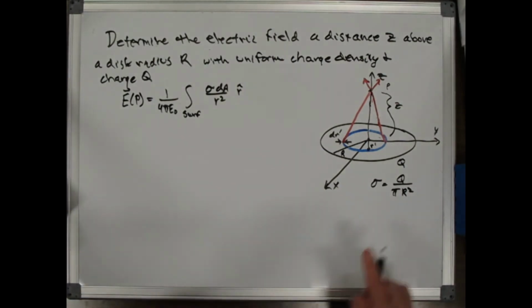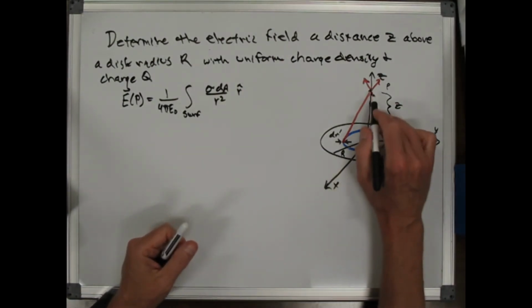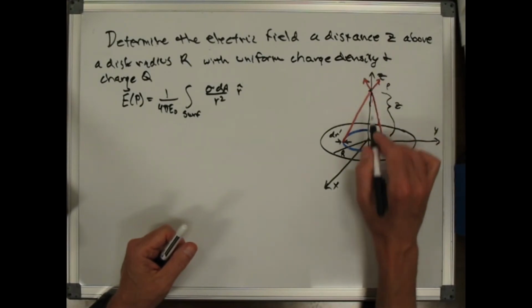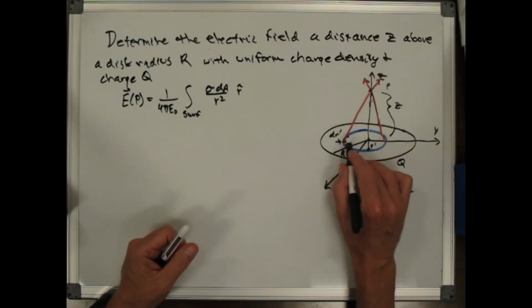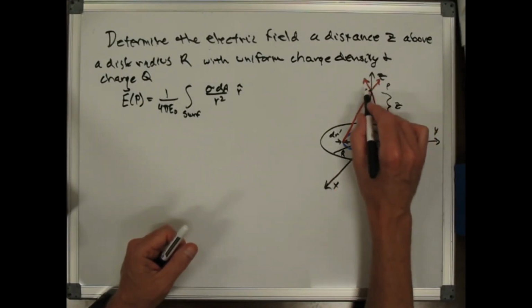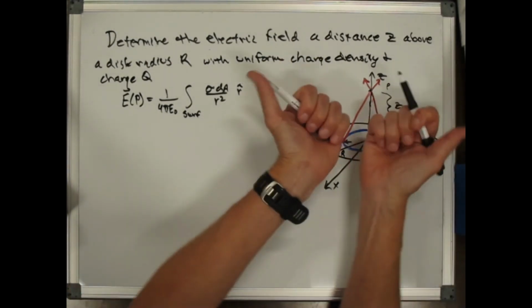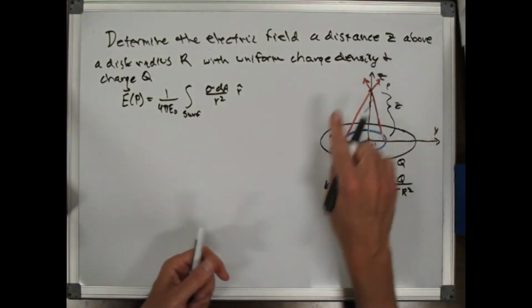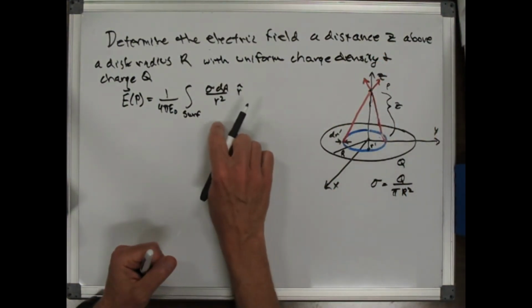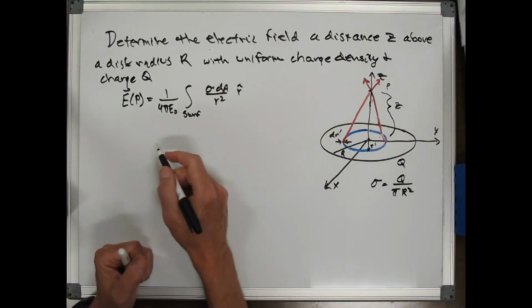In this case, you can tell by the symmetry of the problem that the electric field is going to point straight up. Each ring is symmetric in the horizontal direction, and so the components pointing outward will cancel, and the ones pointing up will add up. So this is just the general expression.